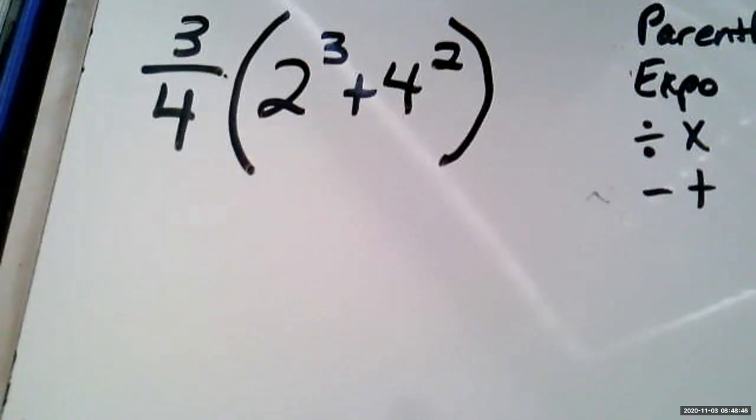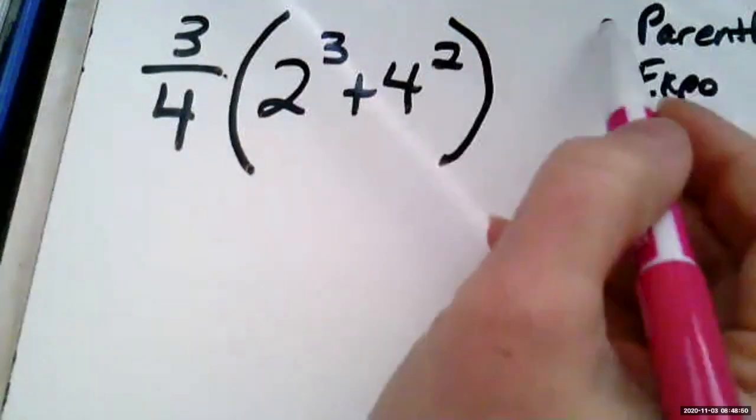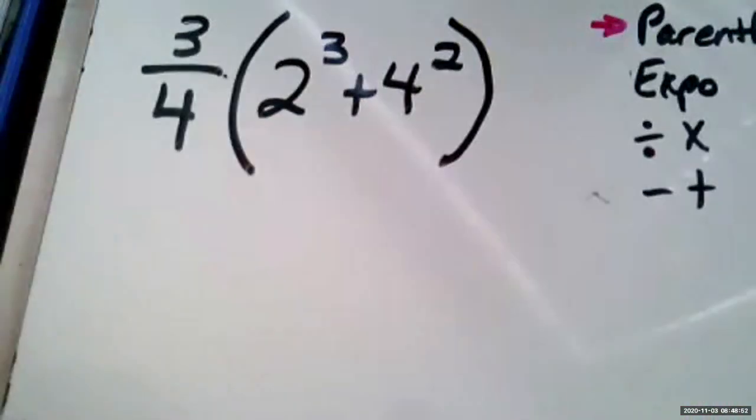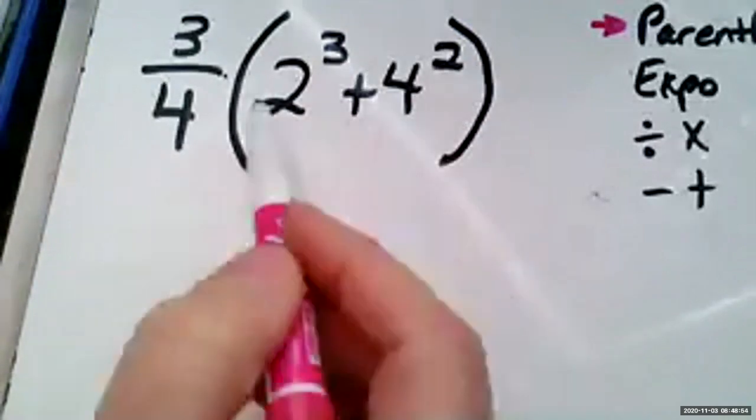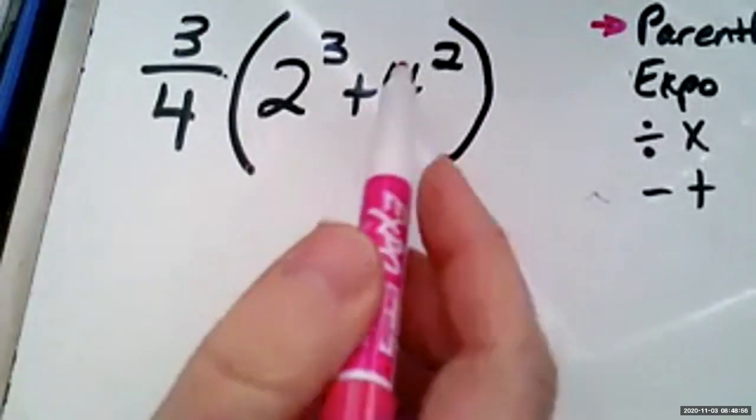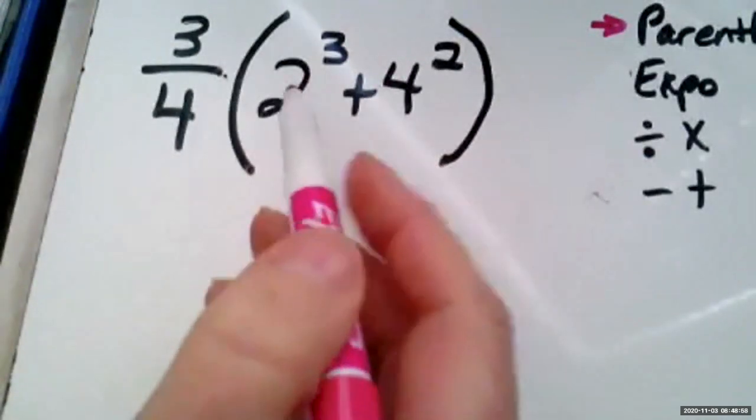There are several steps here. So we're going to solve what's in the parentheses first. And what's in parentheses happens to be exponents. So we're going to simplify what's inside the parentheses first.